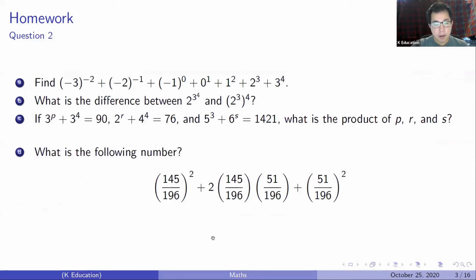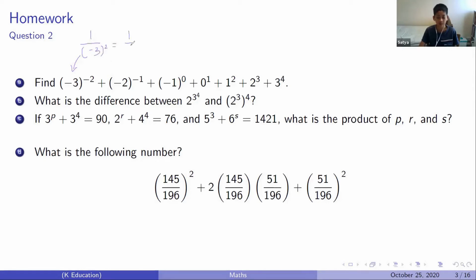Okay, right, so let me ask Satya, what did you get for A? I think I got it wrong, but... Okay, can you first tell me what you got for the first one? So for minus 3 to the power of minus 2, something along the lines of 1 over minus 3 to the power of 2, which is 9, so 1 over 9.